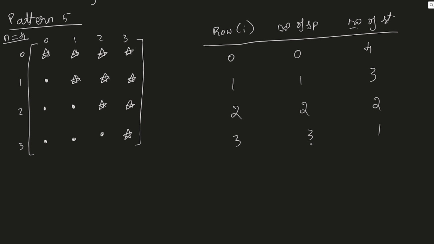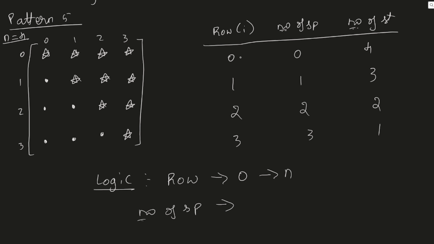By seeing these numbers, you've already made the logic for number of spaces. It's pretty straightforward. Let us see that. Logic, as always, row loop starts from 0, goes till n. Number of spaces, pretty straightforward.